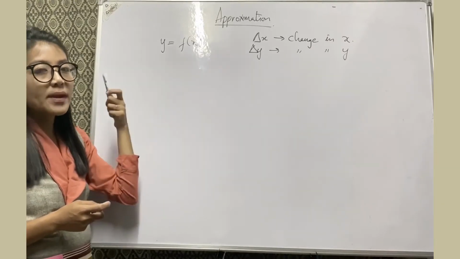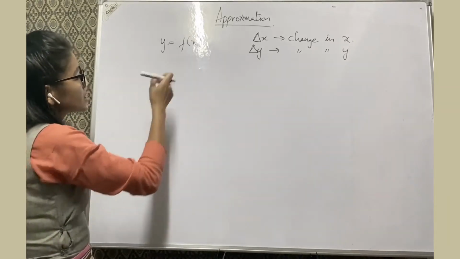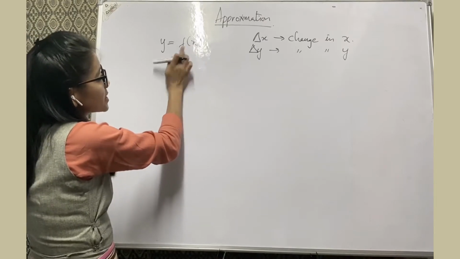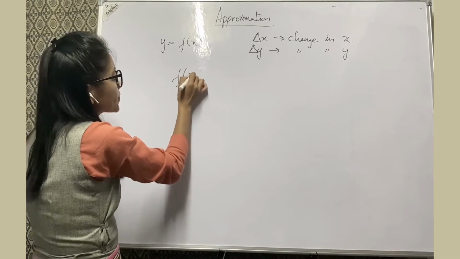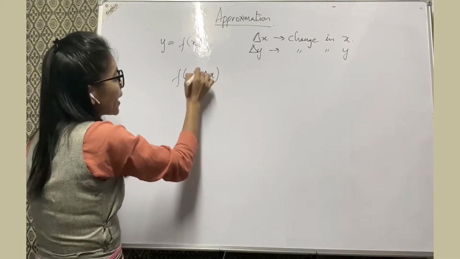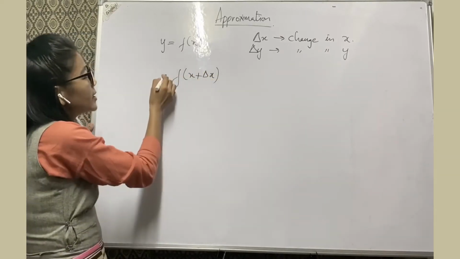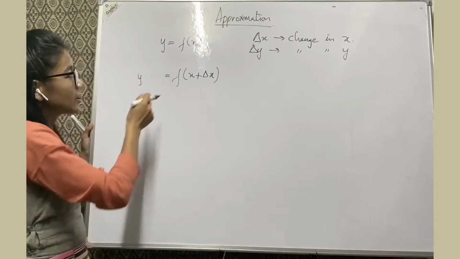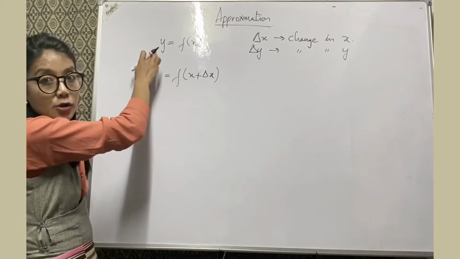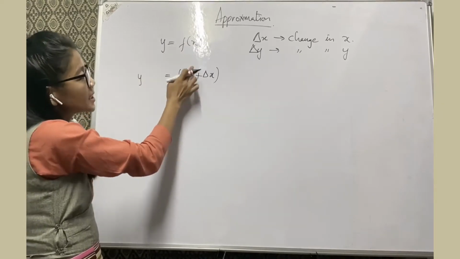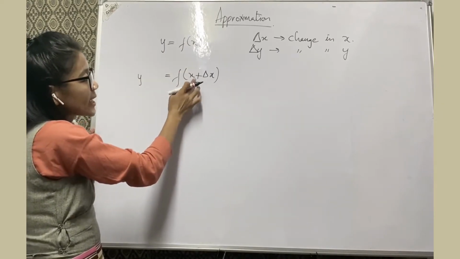Now if I make some changes on x, so instead of x, if I change it to x plus delta x, then you won't get the same y, because when your variable is x, then you denote it by y. But here in this case, I had denoted my variable as x plus delta x.